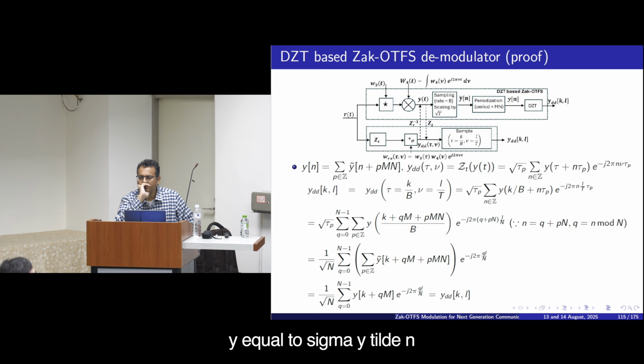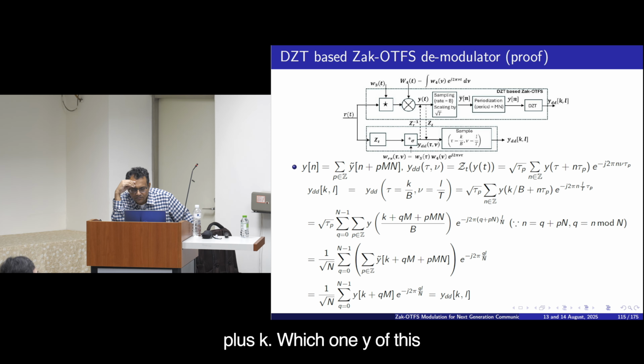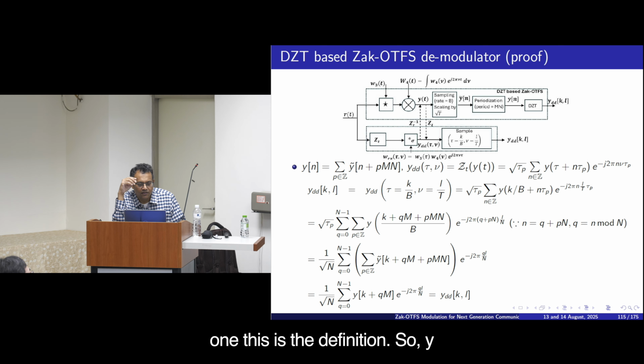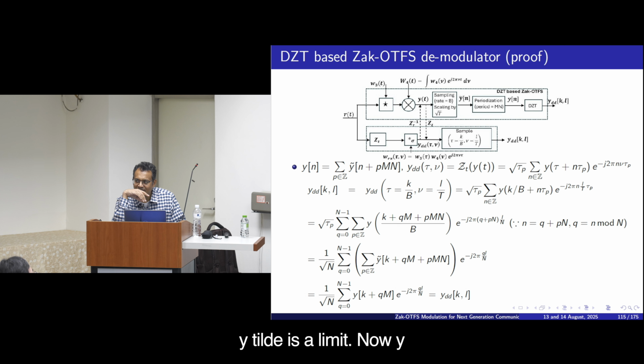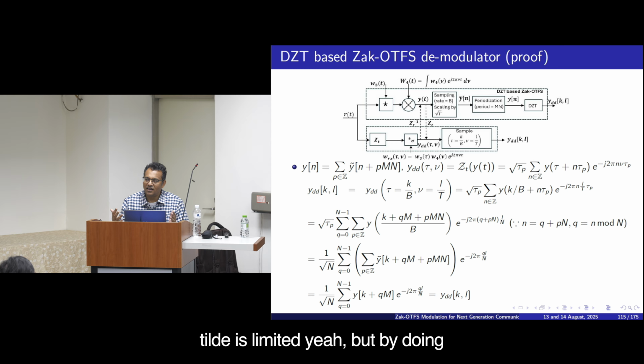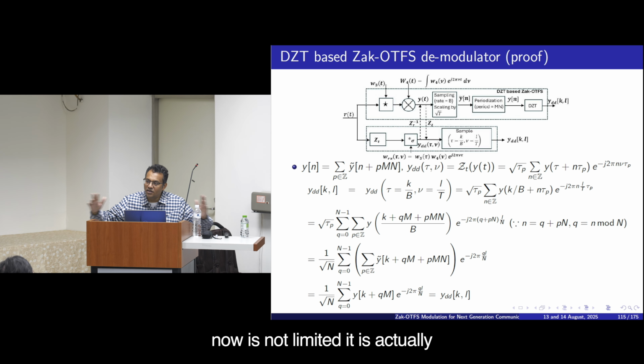Y equal to sigma y tilde of n plus p, this is the definition. So y of n is defined like this. Y tilde is limited, but by doing this I get this y of n, which is now not limited.